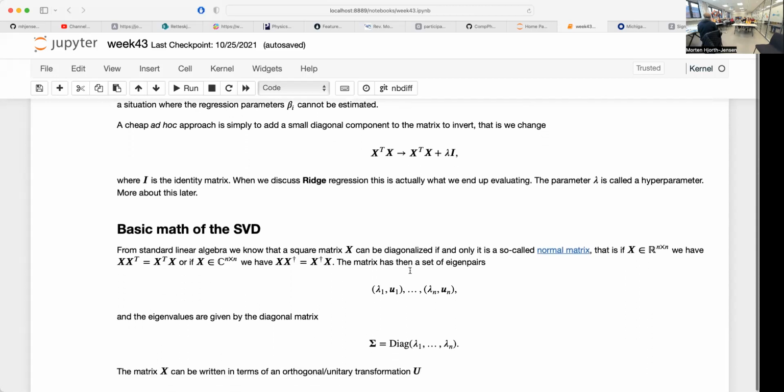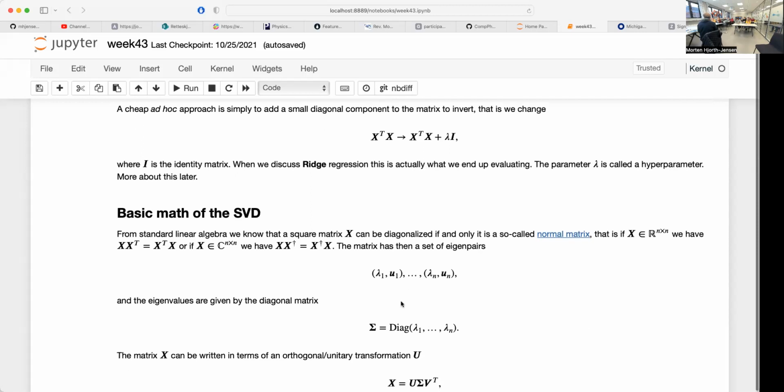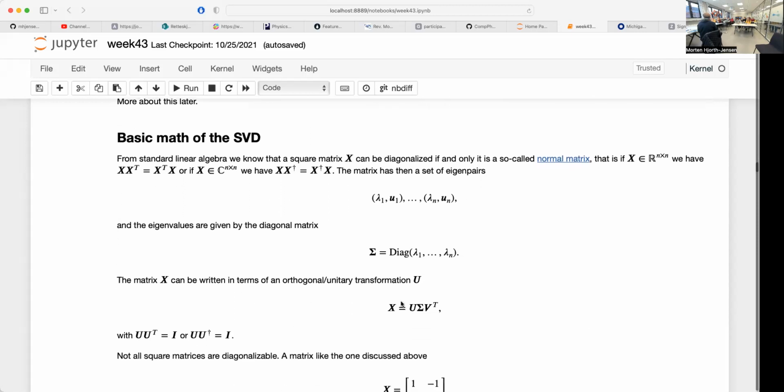But one of the basic properties of the singular value decomposition is that you can always decompose this matrix X in terms of an orthogonal matrix, then a matrix which contains the singular values, which I'm going to define, and then another orthogonal matrix.